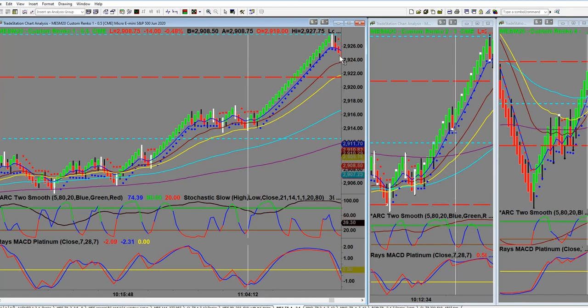But a little tip here, from your entry, which is the close of the third candle, what's the distance from my entry to the 34 EMA? The further away you are, the better. And look at that there, there's a good 3 points away. That is a great counter trend trade, except I still don't have any divergence on my anchor charts.